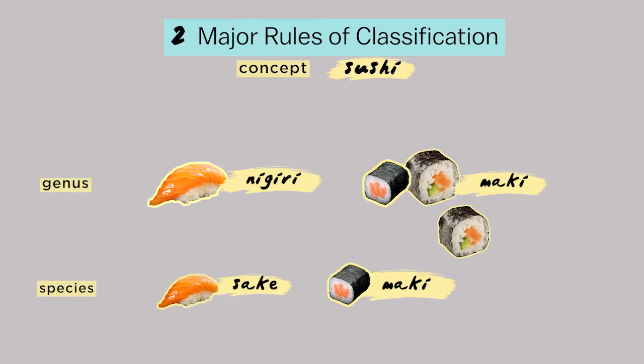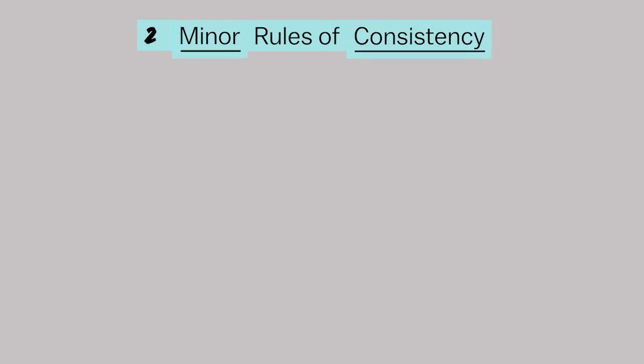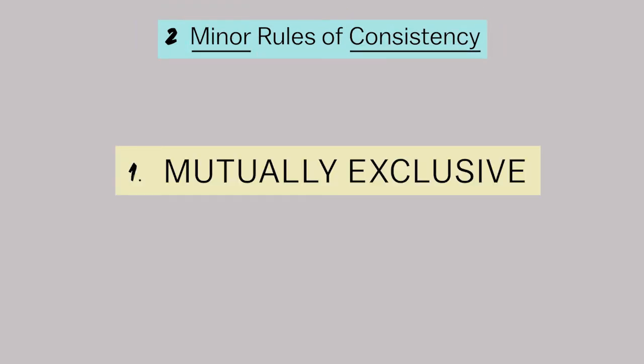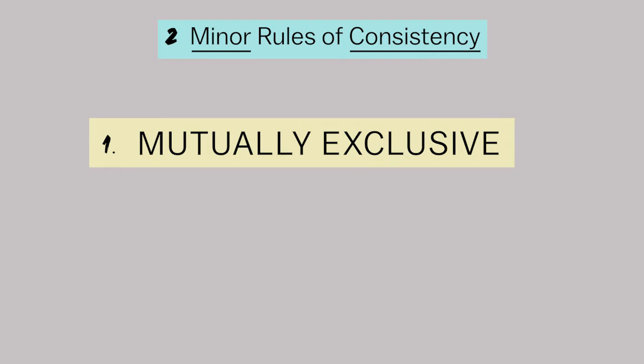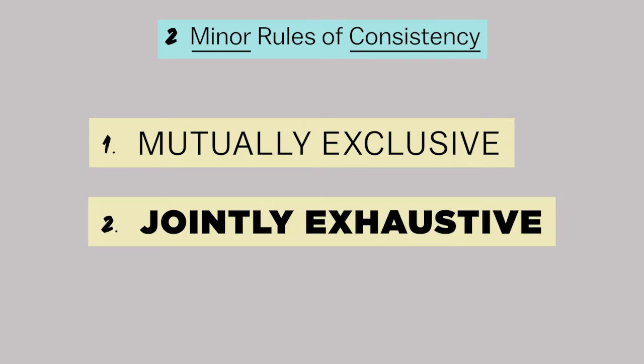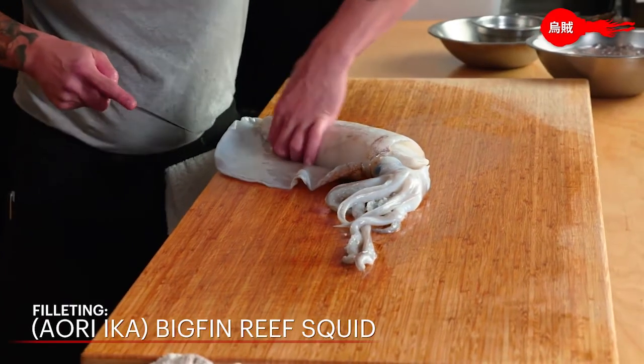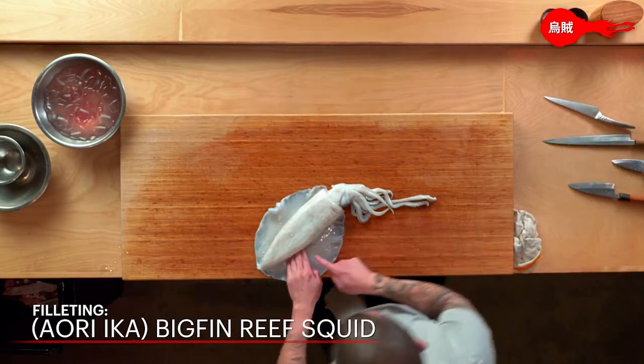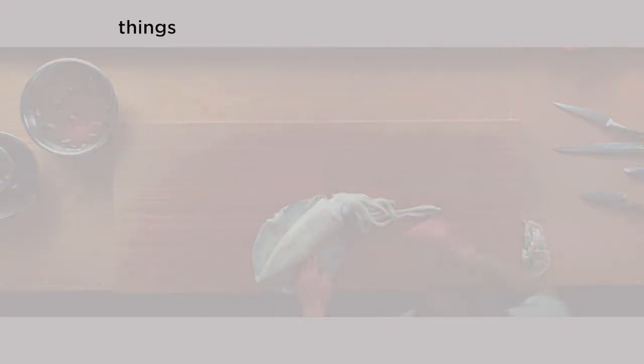And the way that you know that they're consistent is by following two different ideas. The first is the concept of mutually exclusive, and the second one is of jointly exhaustive. For example, one way that you might classify the things that you see here could be things necessary for preparing sashimi squid. That's really specific, but look how that might work.